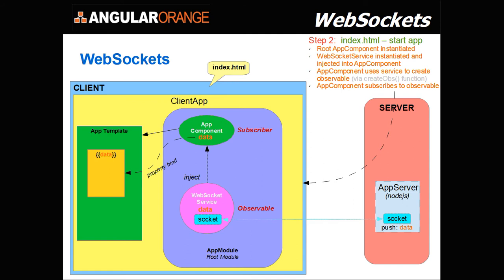The app component uses the service to create an observable, and then the app component subscribes to that observable. And once that happens, you have a socket connection that you're listening to, that you've subscribed to, and you're going to receive all of the data that the Node.js application is pushing through the socket.